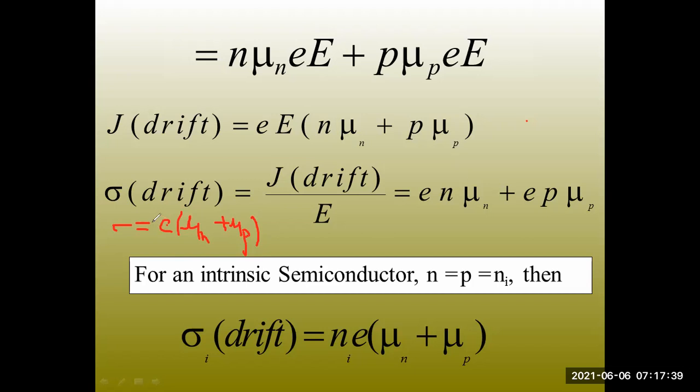I'm writing 2 here, 2 into 2 pi kT by h square whole to the power of 3 by 2.